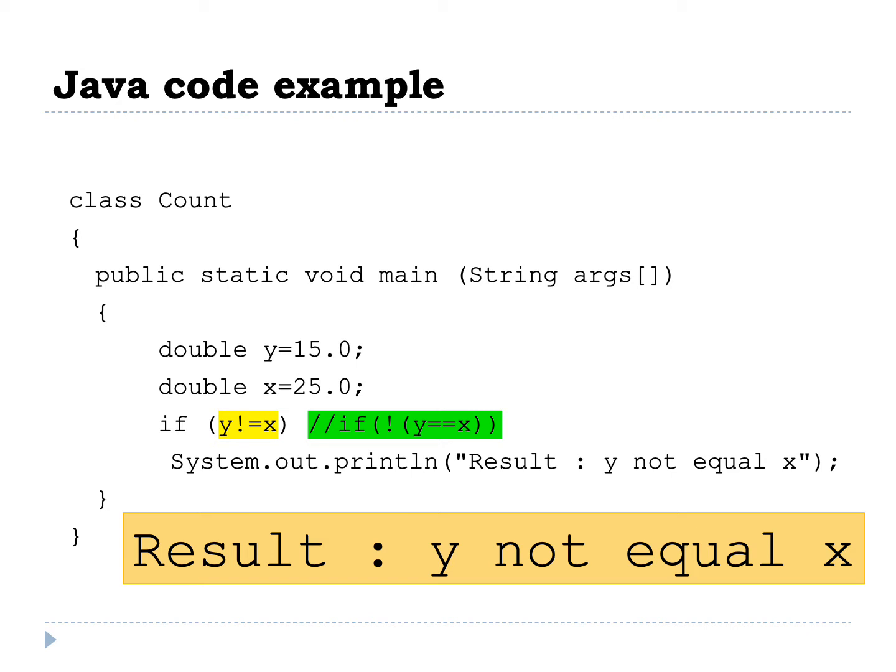Then we can have the not outside of y equal to x. That means we reverse the value of it. Y equal to x is false. Not false will give us the value true. So y not equal to x is exactly the same as y equal to x and then we not the result of it. This is just to show that you can use different kinds of expression for your condition part.